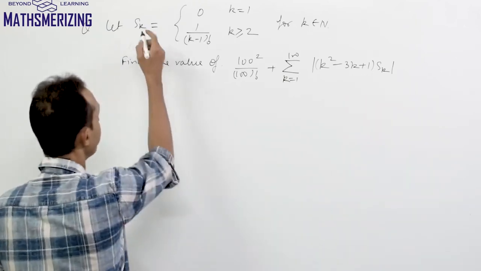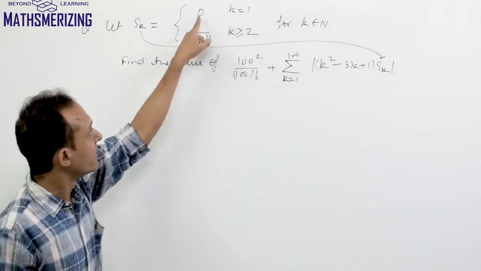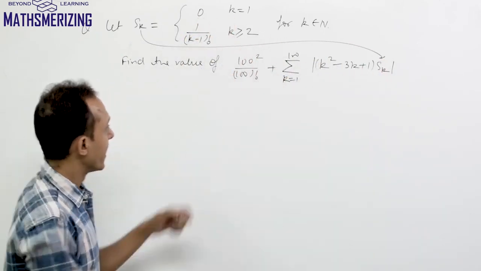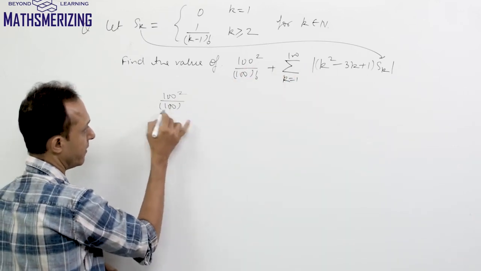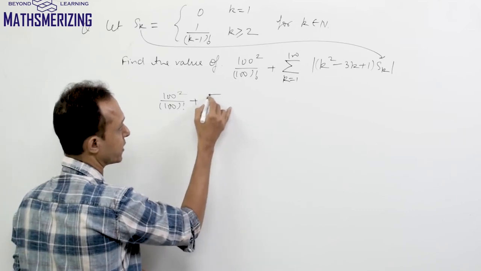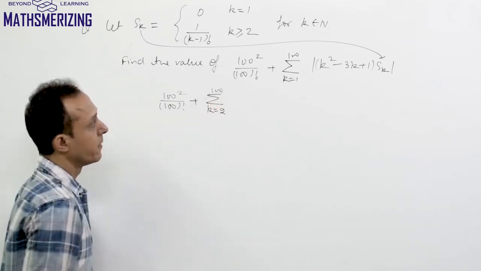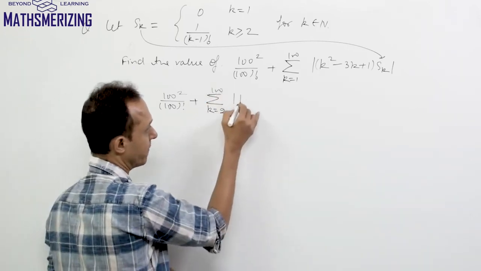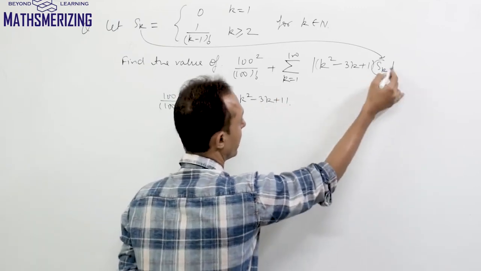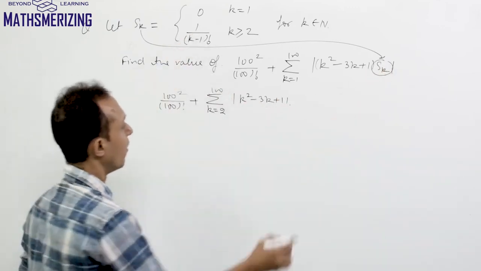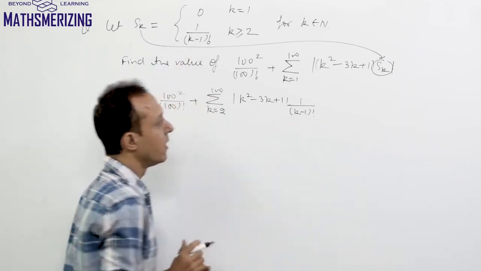So what I'll do is, I'll first put the value of sk. If I put the value of k as 1, I'll get this value as 0. So I'll actually write it as 100 square upon factorial 100 and then plus summation, k varies from 2 to 100, and then I'll write it as mod of k square minus 3k plus 1, and then I'll put the value of sk, which is 1 upon factorial k minus 1.